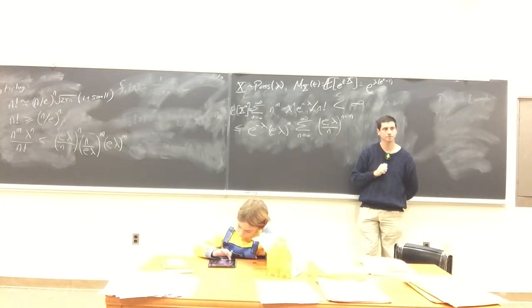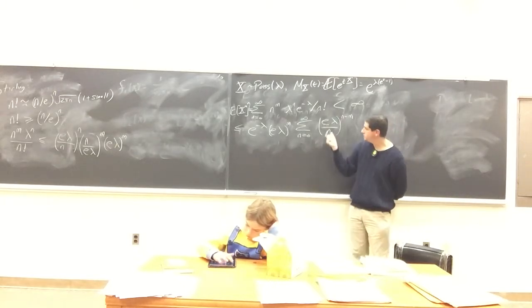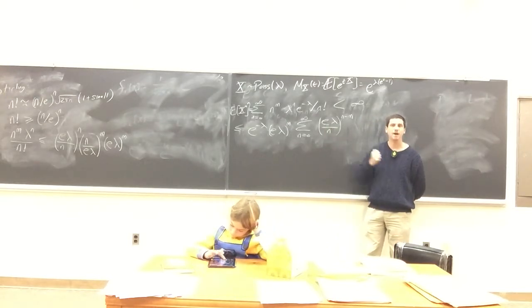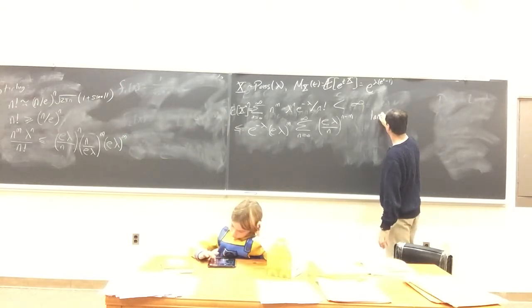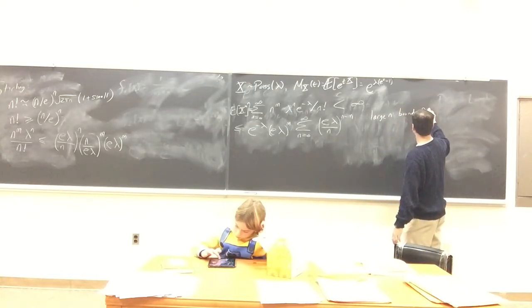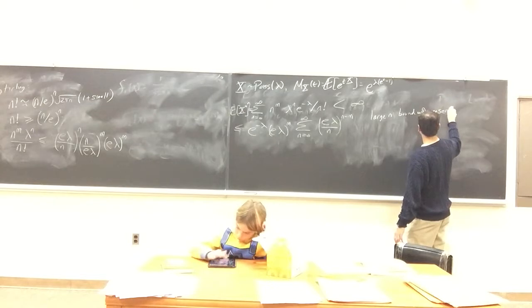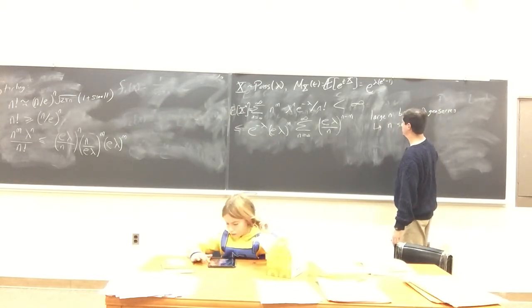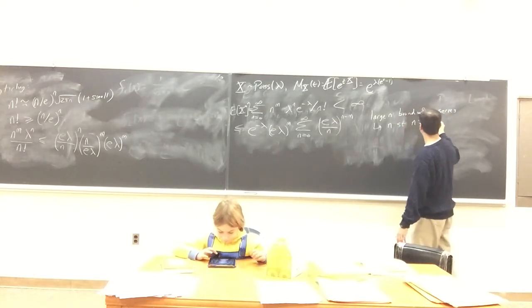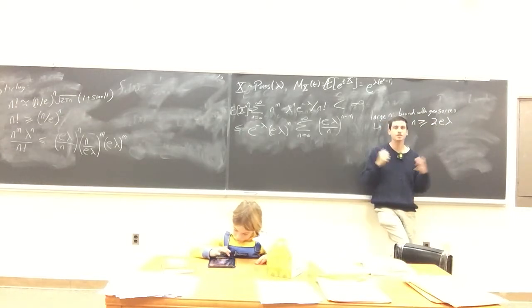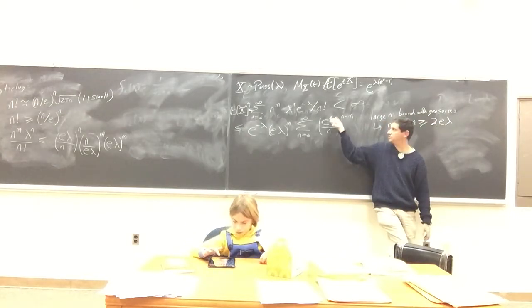Right? So once n is really large, this is going to look like a geometric series, and we can bound with a geometric series. So for large n, bound with a geometric series. Maybe this might be n such that n is greater than or equal to twice e lambda, because once n is greater than or equal to twice e lambda, then this is going to be like a 1/2.